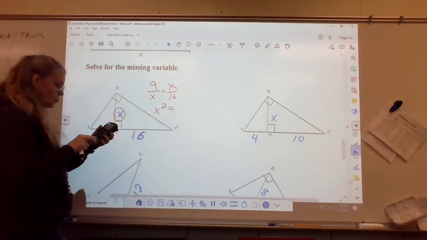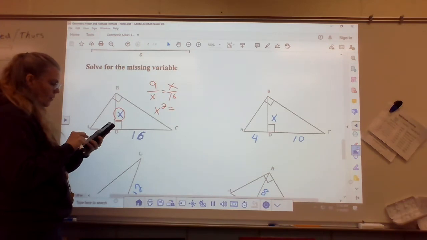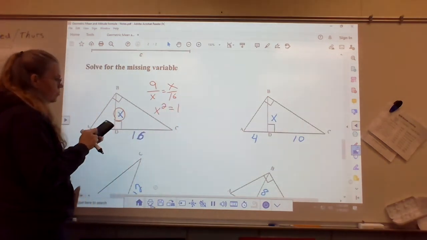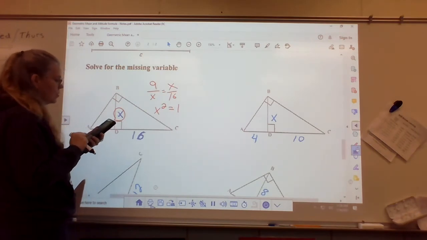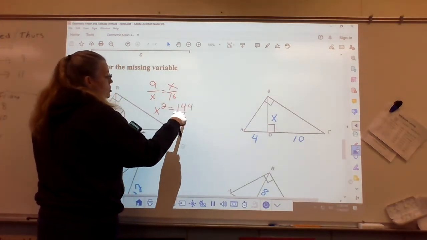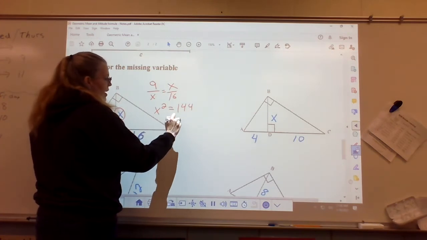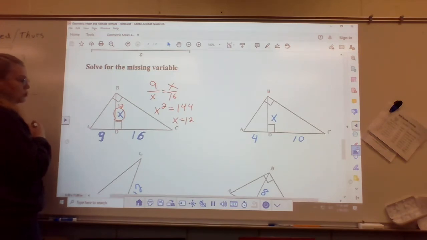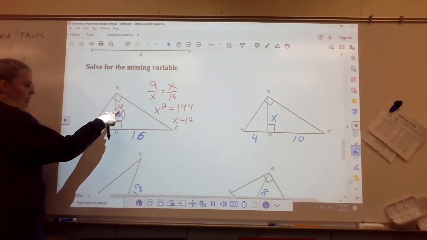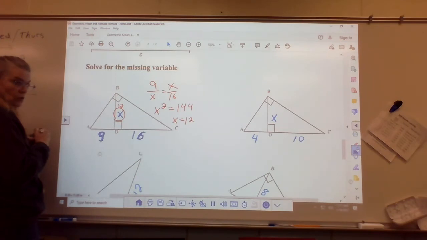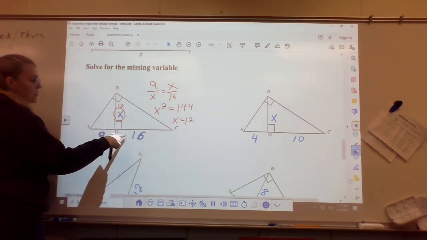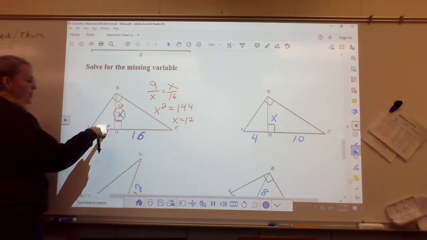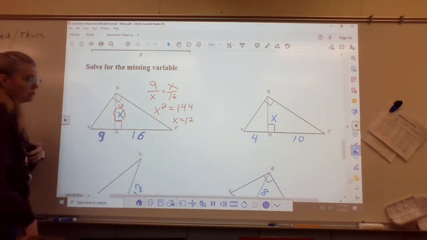X squared equals 9 times 16, 144. Square root the 144, X equals 12. So I have one triangle that's a 9 by 12, another triangle that's a 12 by 16. 12 falls in between these two numbers. If you get something that's not between 9 and 16, something went wrong.